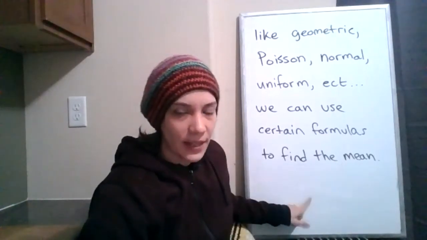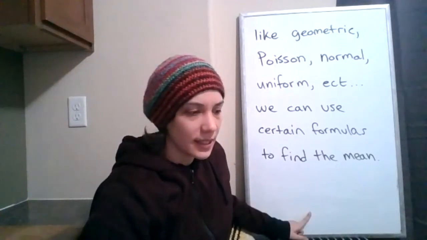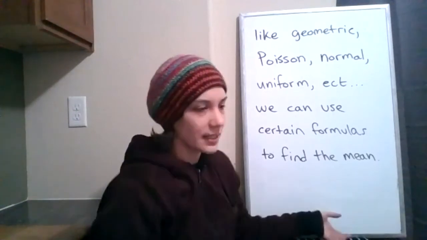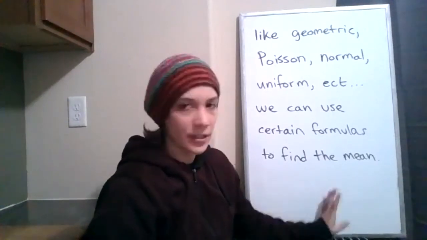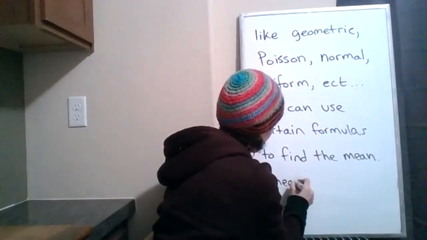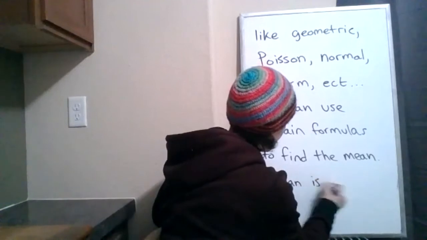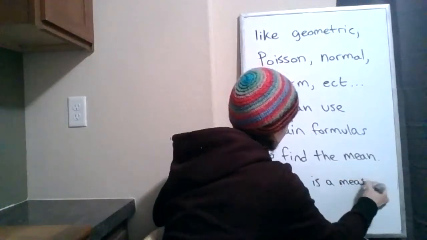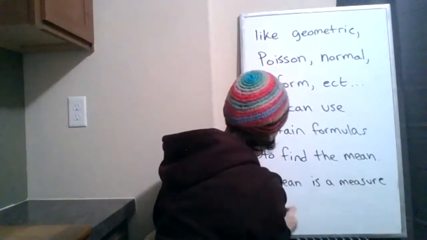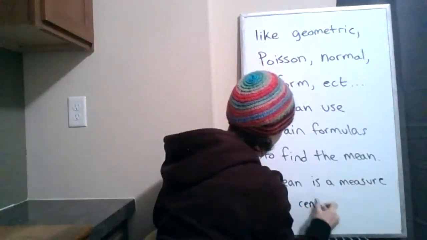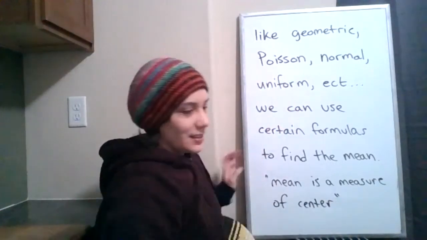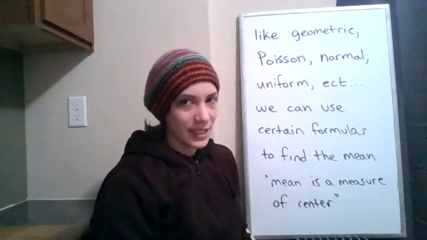So if you have a graph, it's a value that marks where the balance point is on the graph, where half of the data is on one side and half of the observations on the other side. Okay, so back to the example.